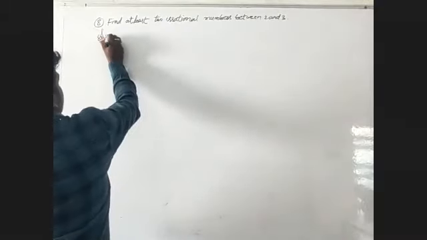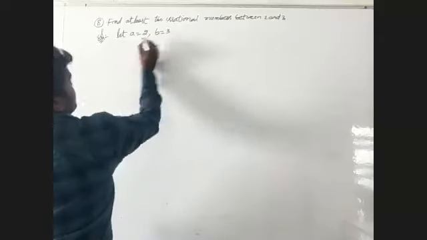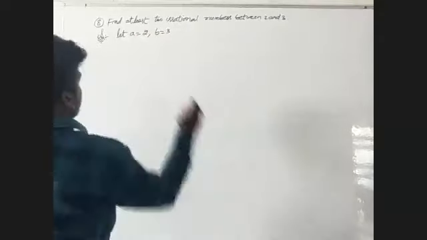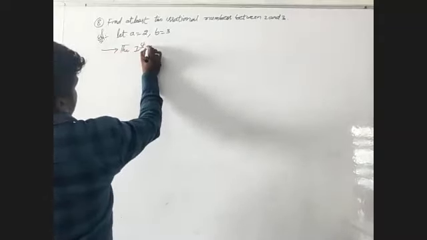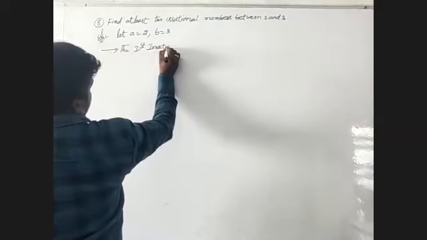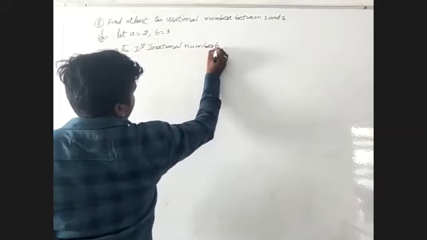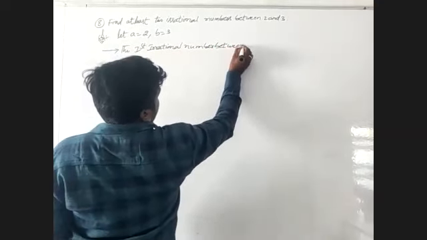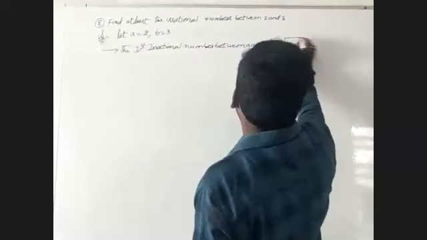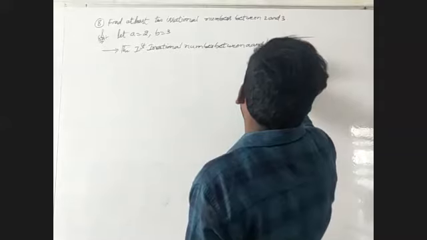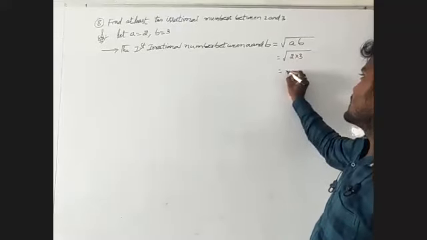Let A be equal to 2 and B equal to 3. The first irrational number between A and B is, by the formula, root of AB, where A is 2 and B is 3, so root of 2 into 3, which is root 6.